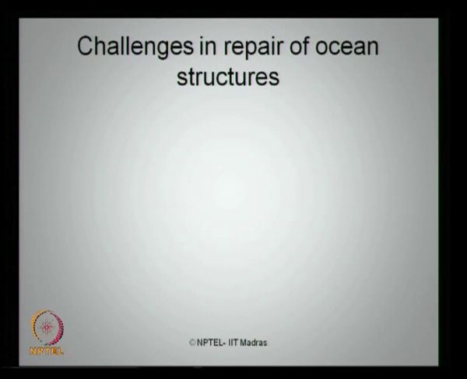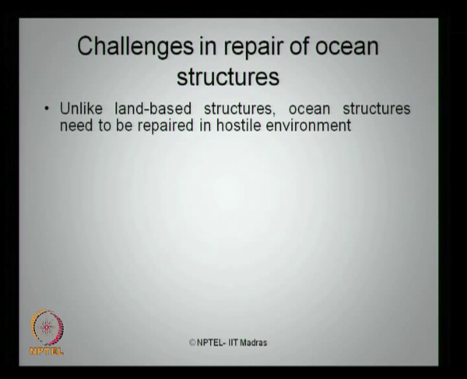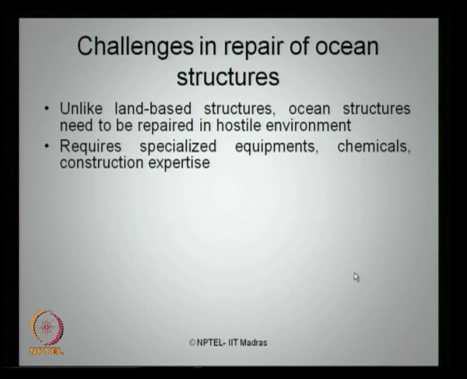What are the challenges which are generally posed while you attempt to repair an ocean structure? Unlike land based structures, ocean structures need to be repaired in a hostile environment, because these kinds of structures mostly have less or remote access to land. It also requires specialized equipment, chemicals and construction expertise to carry out repair of these kinds of structural systems.